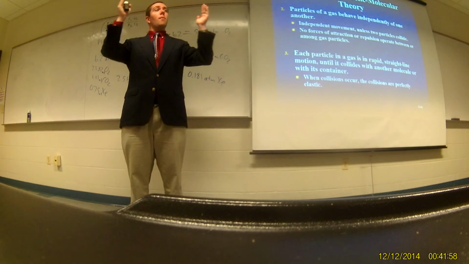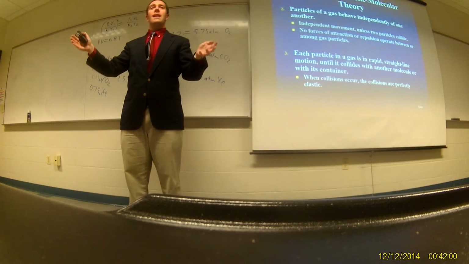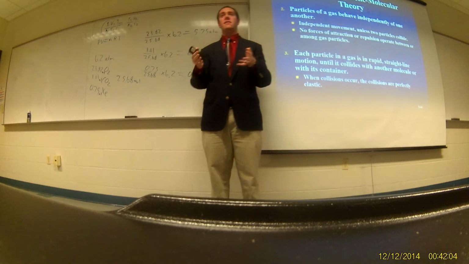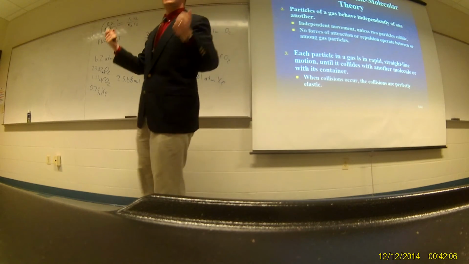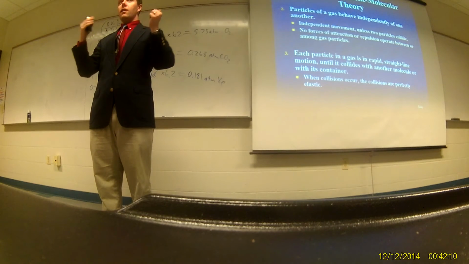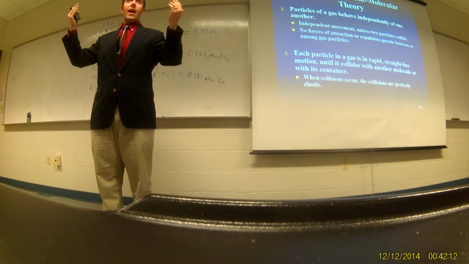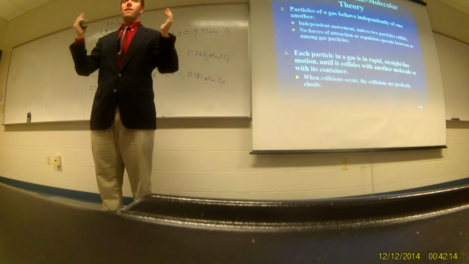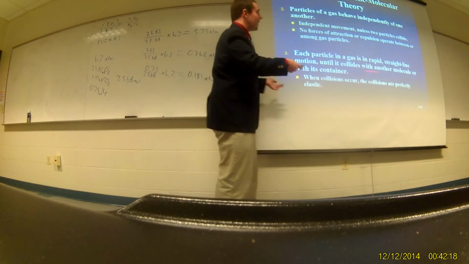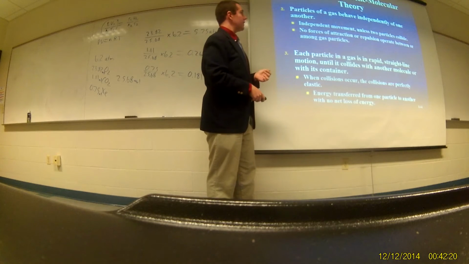Think of how many moles of gas are in this room and how many billion, quadrillion, zillion molecules that is. If every time they hit each other they lost energy, it would go from room temperature to absolute zero faster than you can say femtosecond. Okay? So this is why everything is allowed to happen in the universe.